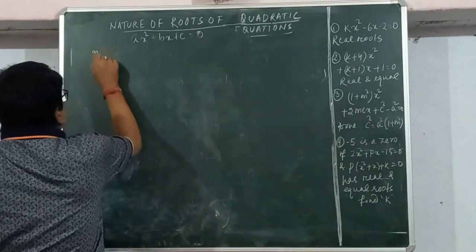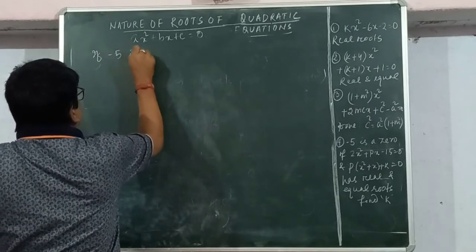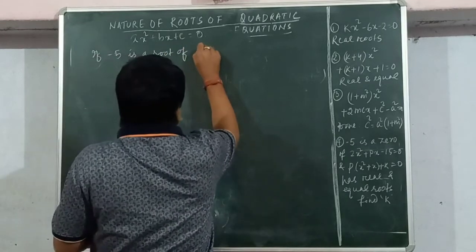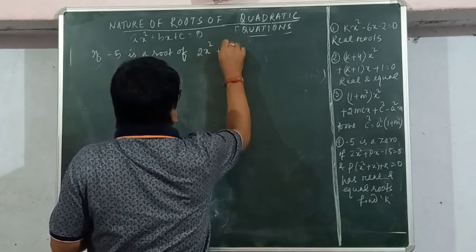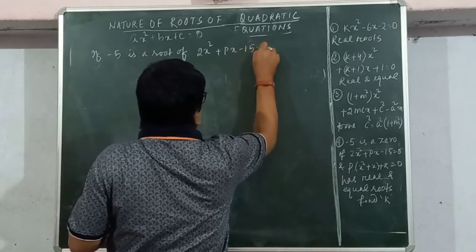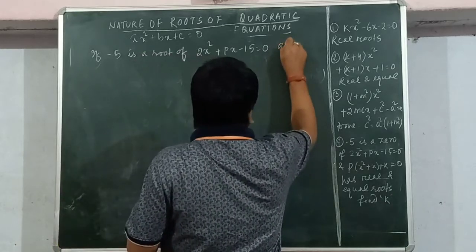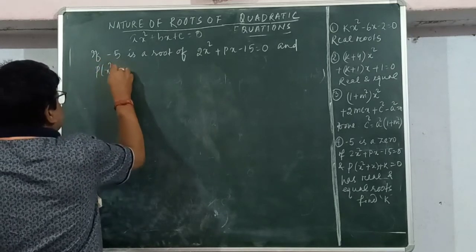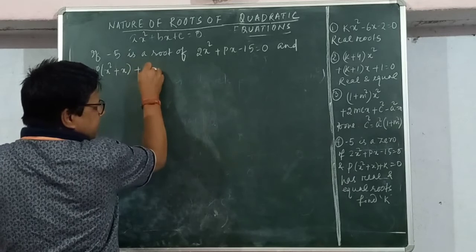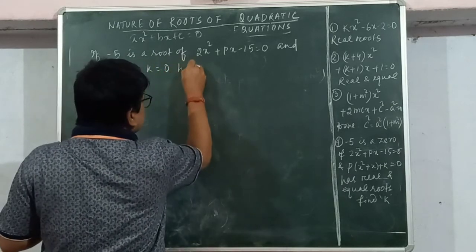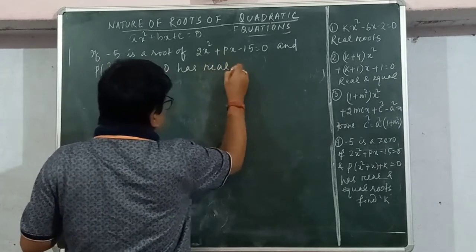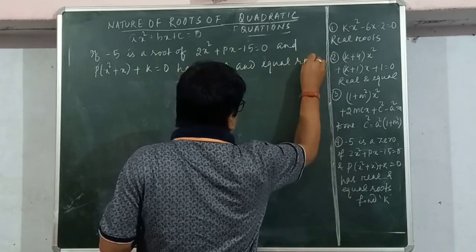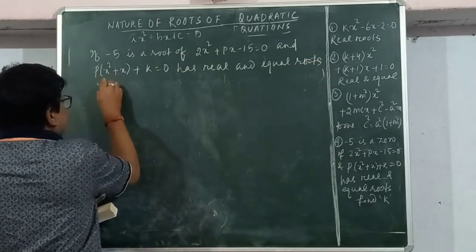If minus 5 is a root of 2x square plus px minus 15 is equal to 0, and p into (x square plus x) plus k is equal to 0 has real and equal roots, find k.